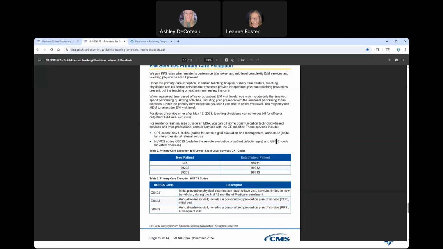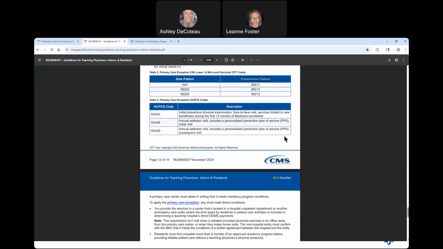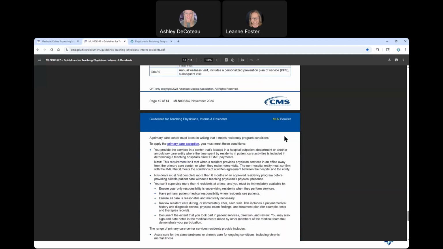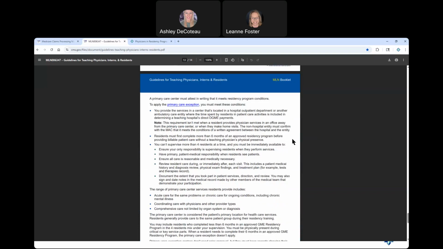I'm going to go to the top of the next page, which is where we really get into the detailed requirements for the primary care exception. And there's a few key things I want to highlight in this section. We have this first bullet and the note just below it that tells us these services apply again in the outpatient setting, such as an outpatient hospital department or another ambulatory care entity.